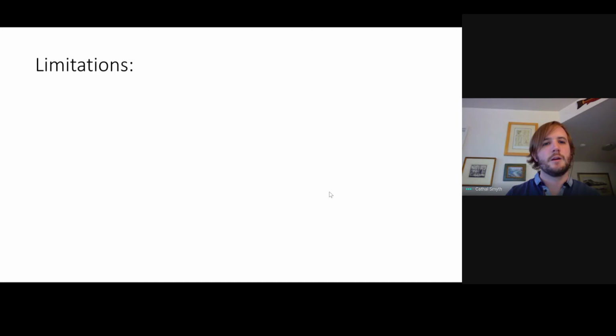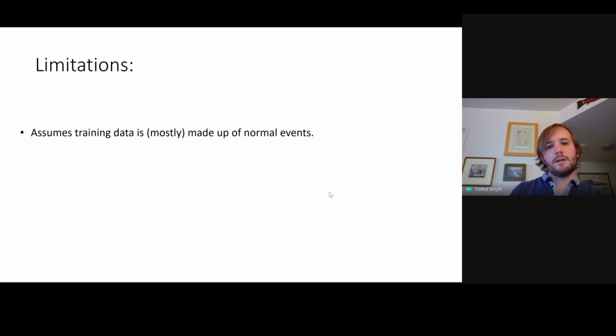Okay. All right, so what are the limitations of hard negative mining? Well, we're assuming that your training data is mostly going to be made up of normal events. If you have a large number of abnormal events occurring in this data, well, then you probably should maybe use another method.